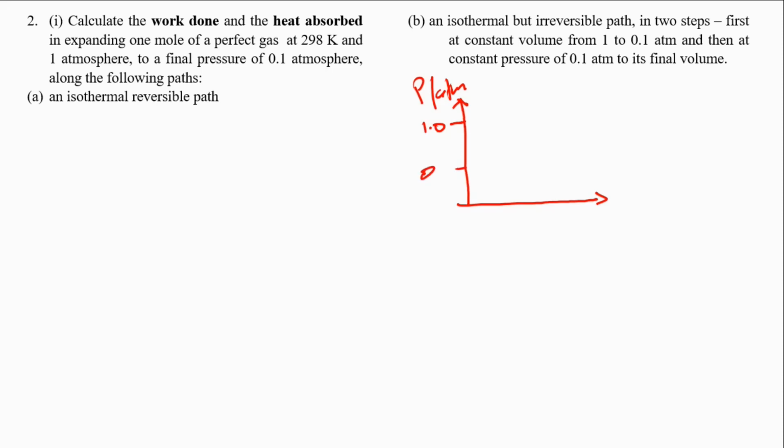Let's say point 1 is right here, and the volume is constant. Let's call that V initial. So the pressure decreases from 1 to 0.1. Volume did not change. And then the question says now at constant pressure of 0.1 to its final volume, V final.